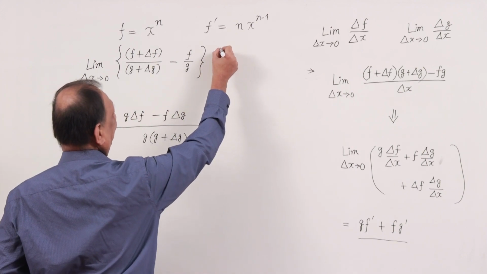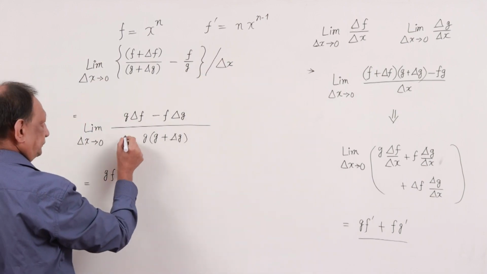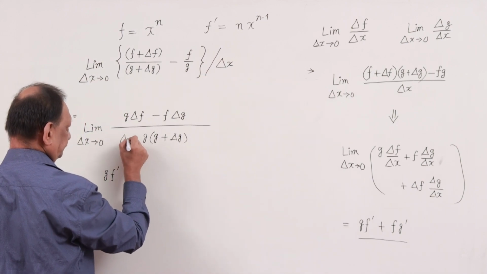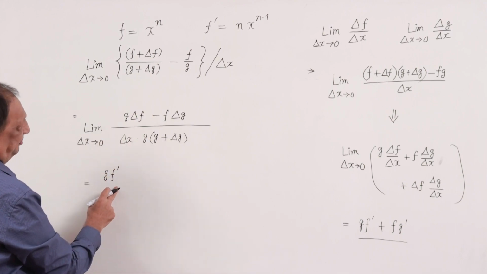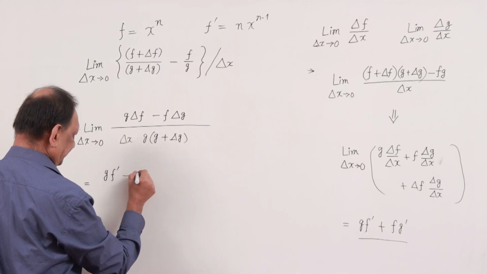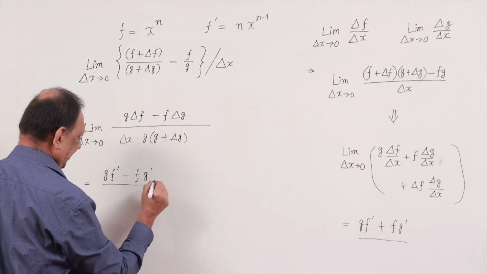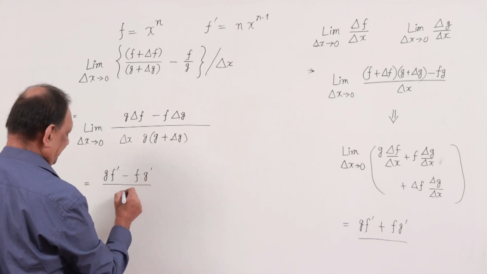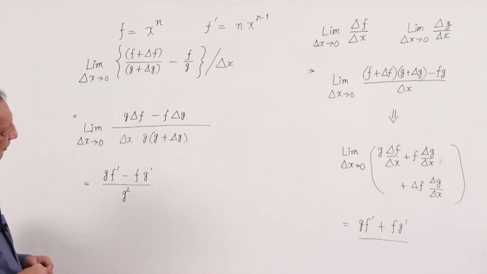We missed the delta x, I think. There is a delta x in the denominator. So delta f by delta x gives me f prime minus f g prime. g f prime minus f g prime divided by g squared would be the derivative of the quotient.